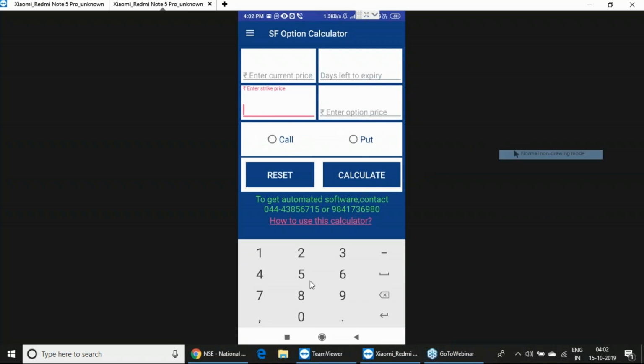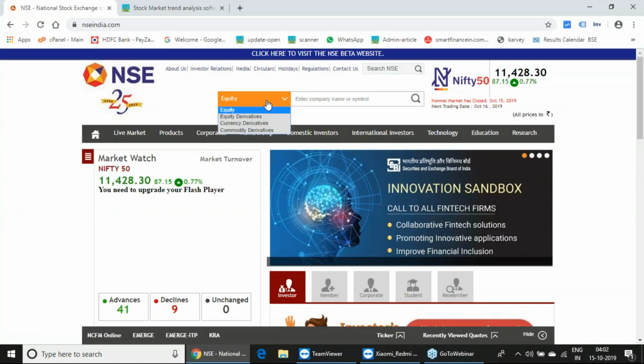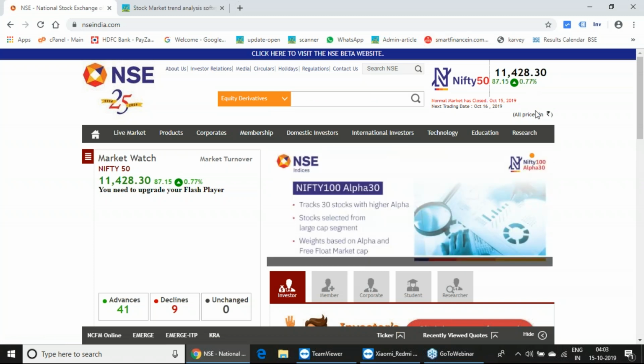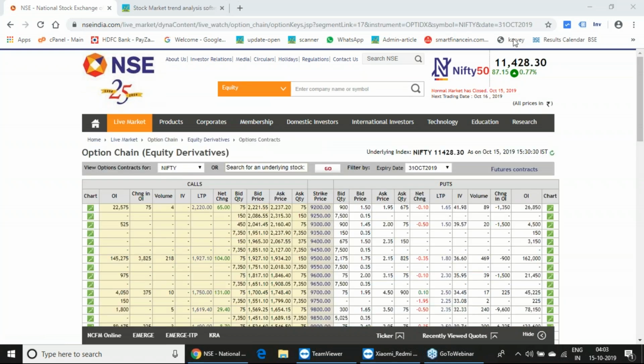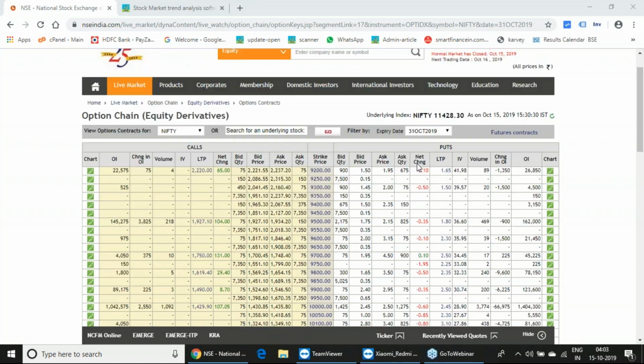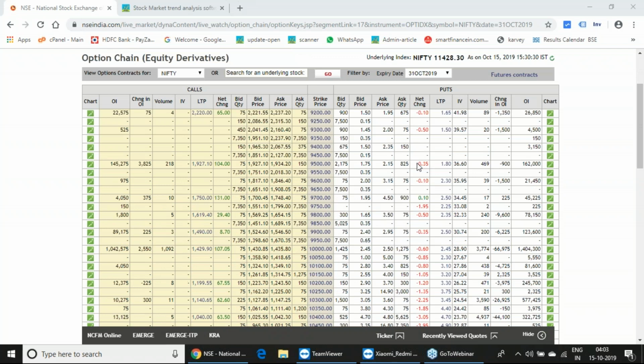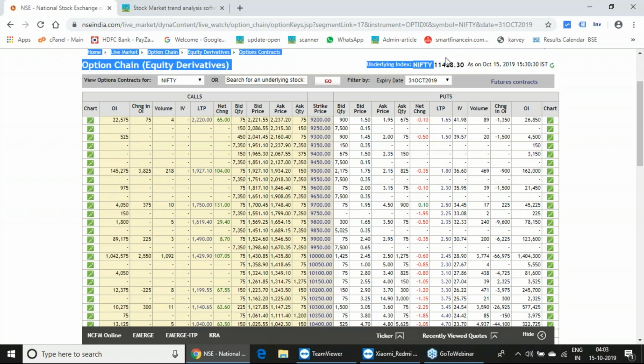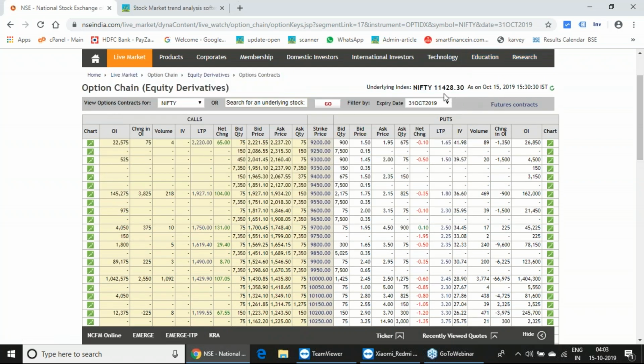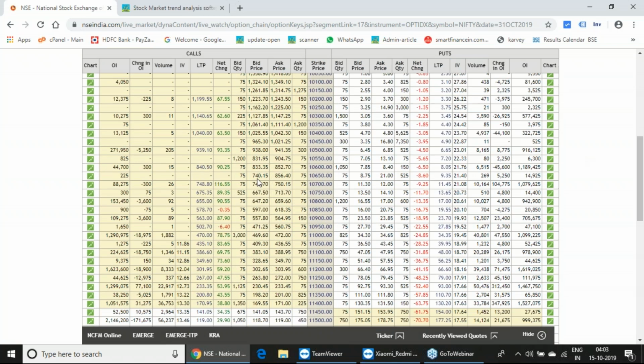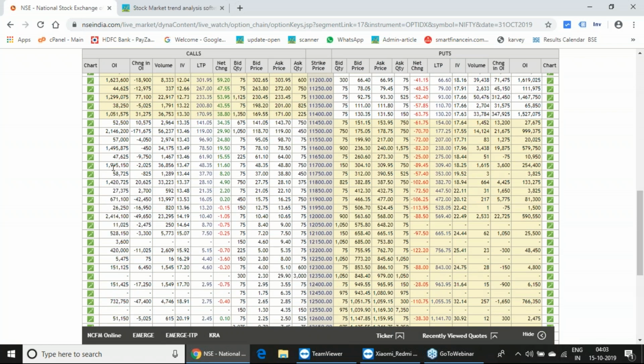I am just going to the NSE site, and from here we can get the value of some options and test how far the calculator has come. If you observe this option chain on the NSE website, you will find the underlying asset. The Nifty spot is trading at 11,428.3, and these are the call options on the left side and put options on the right side.